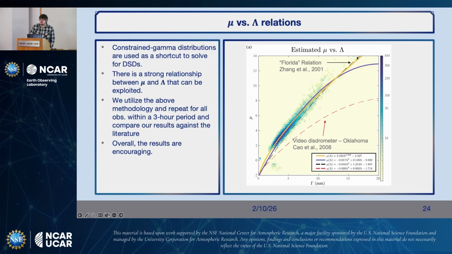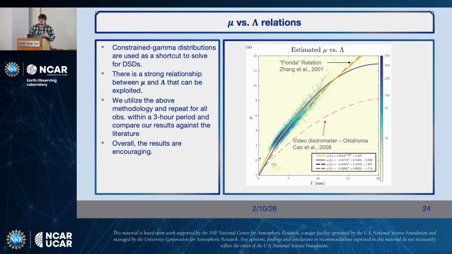The Florida relation here is the yellow dashed line. I say Florida relation because they did it in Florida, so it's a mostly tropical type environment. They would run the disdrometer for a certain amount of time, record what that drop size distribution looked like at ground level, and then fit a gamma distribution to it.